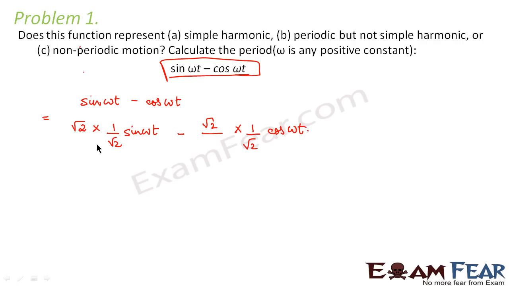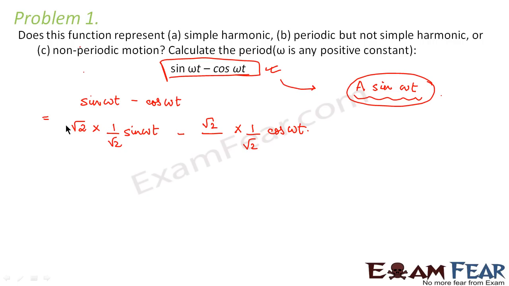Why did I do this? Because I want to write it in the form of sine omega t. The function that represents simple harmonic motion should be of the form a sine omega t. So I just want to check if I am able to write this function in this form.